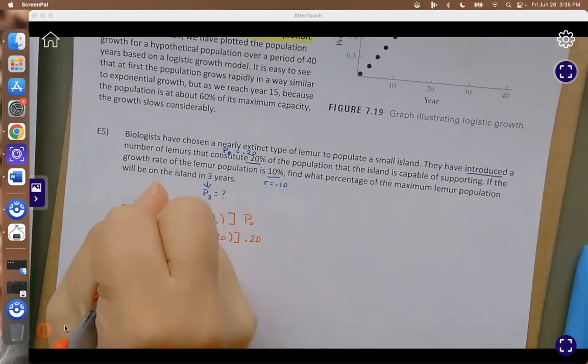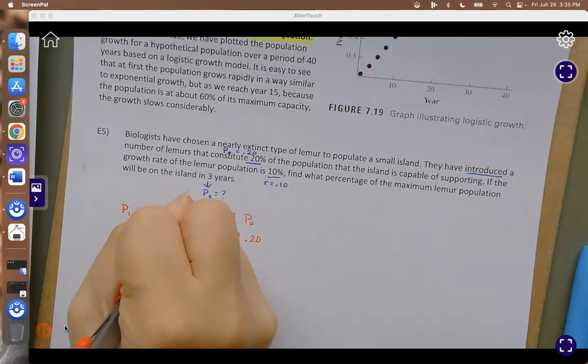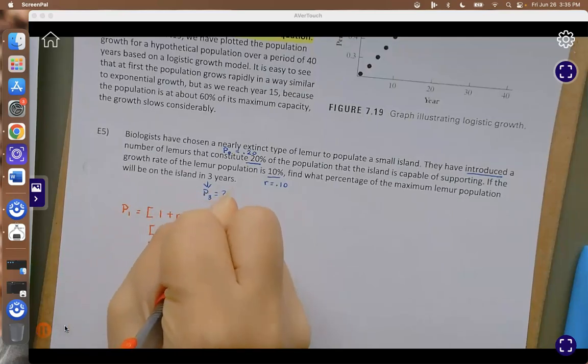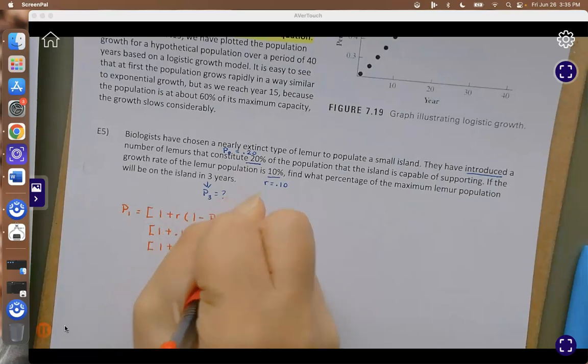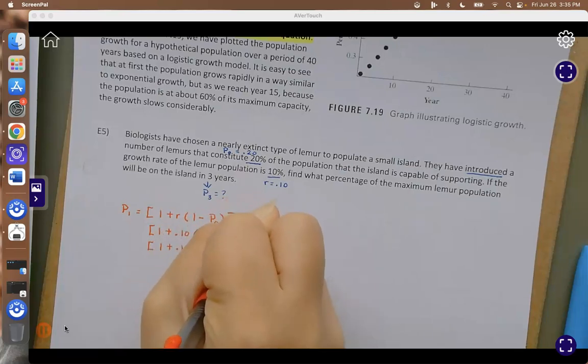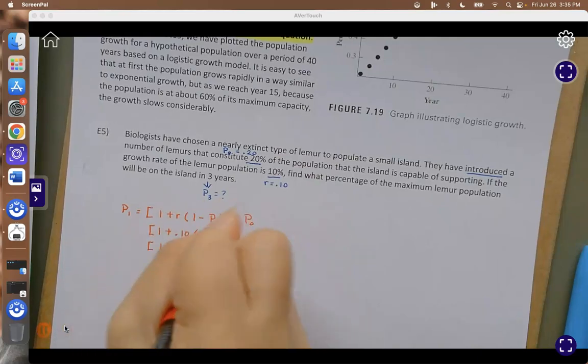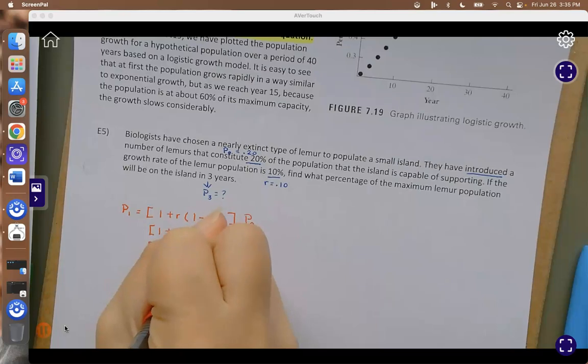Okay, so that gives me 1 plus 0.10 times 0.80 times 0.20. So this is now 1 plus 0.10 times 0.80 is 0.08.